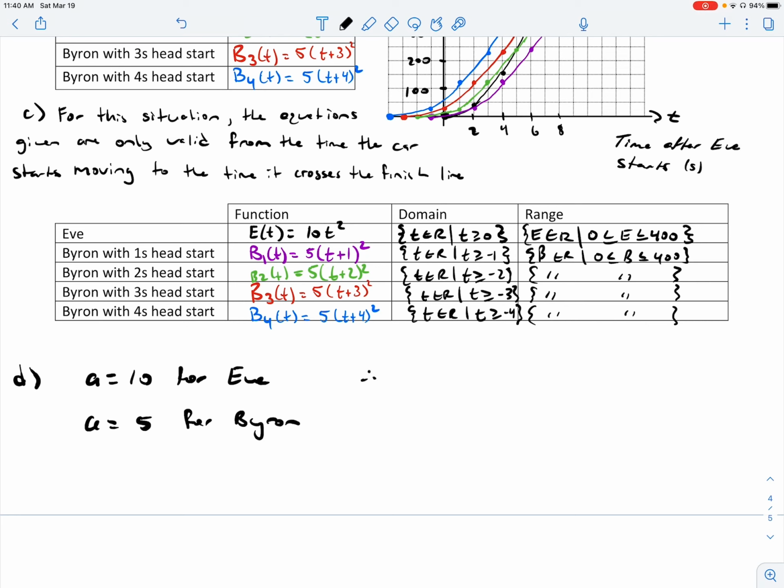Therefore, Eve has 2 times more acceleration than Byron. Acceleration is how fast the speed changes. So her speed increases at twice the rate that Byron's does.